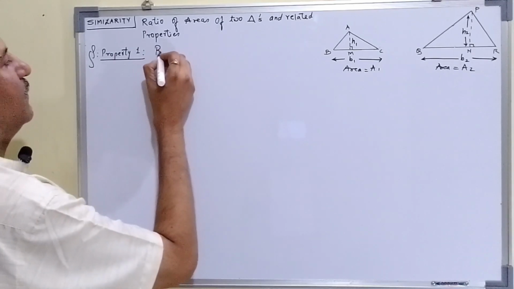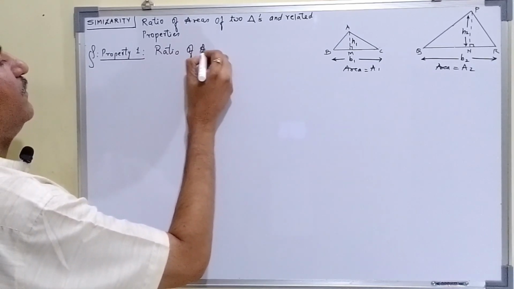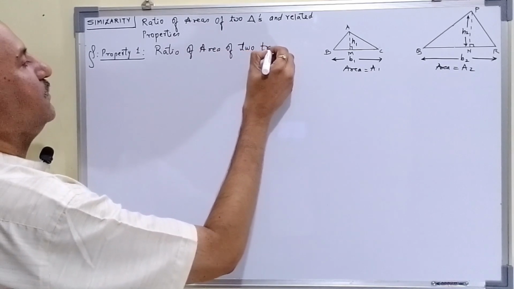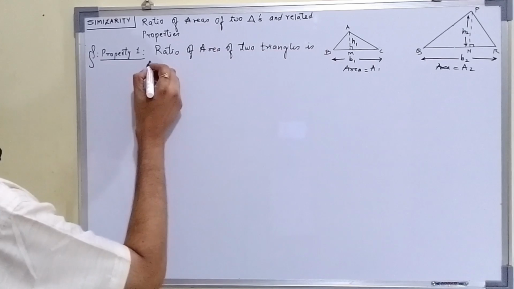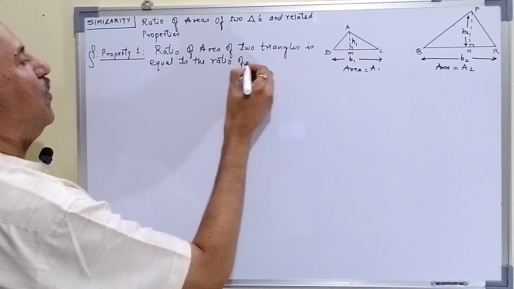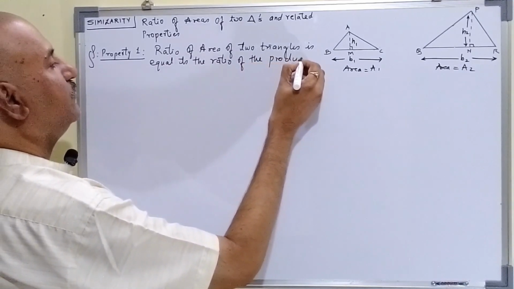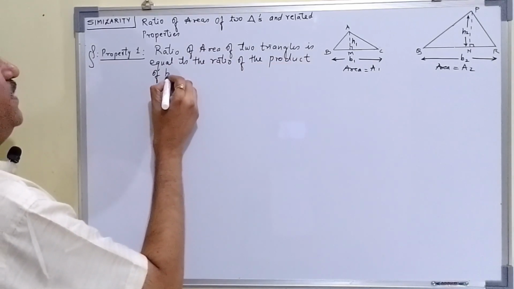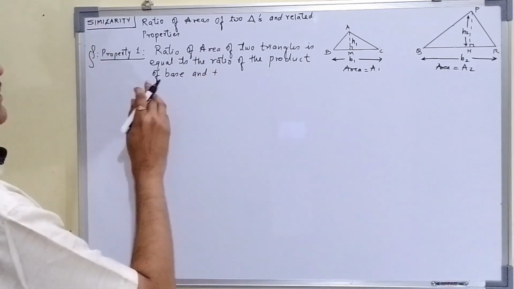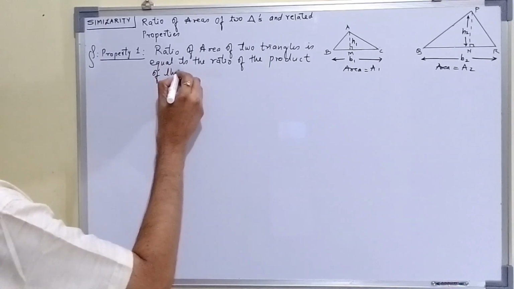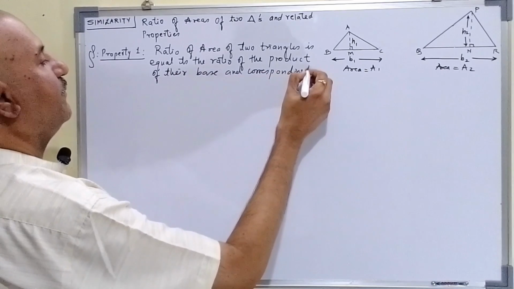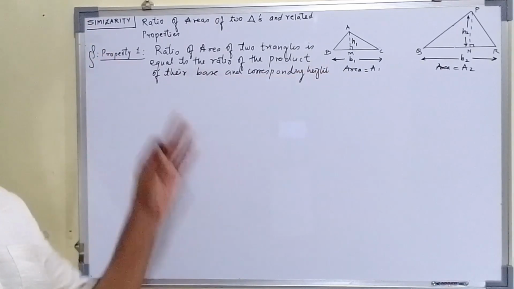What does it say? The ratio of the areas of two triangles is equal to the ratio of the product of base and corresponding height. This we have to prove.